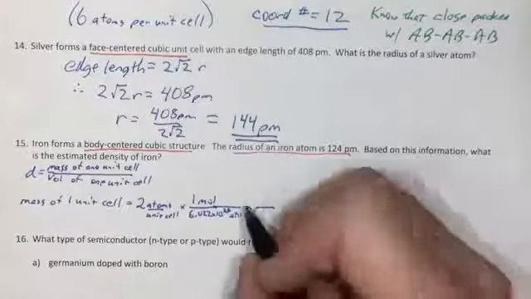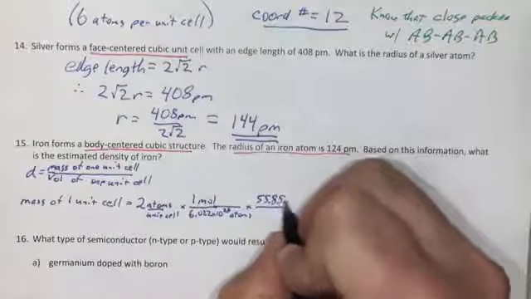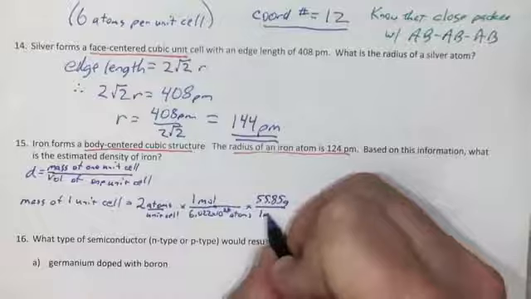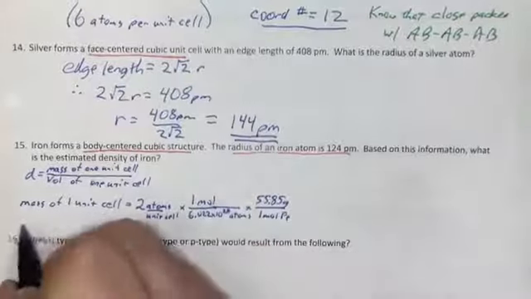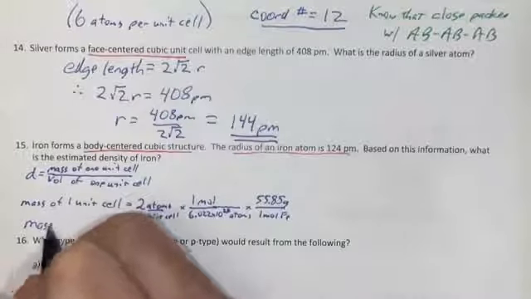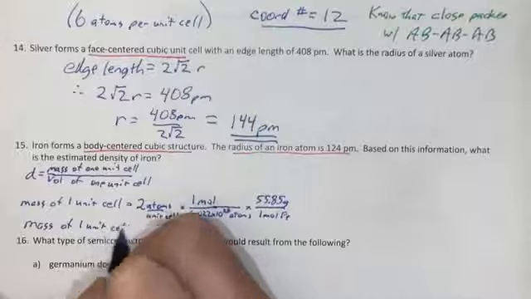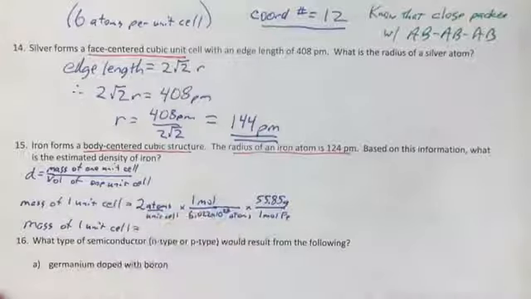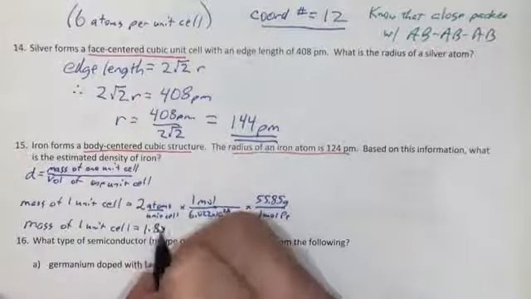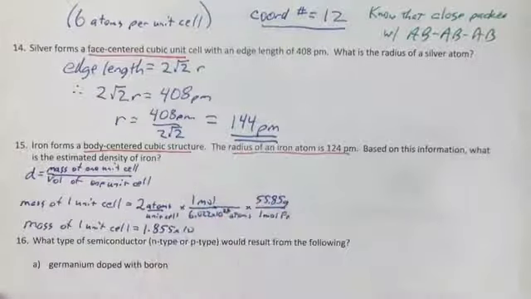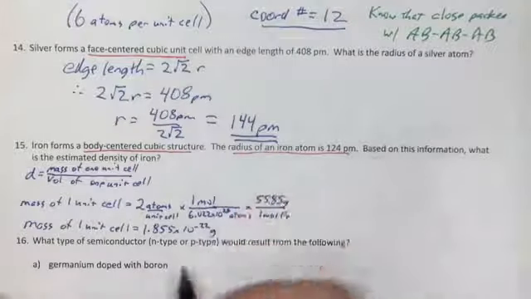The molar mass of iron is 55.85 grams of iron per 1 mole of iron. And so the mass of 1 unit cell, whenever we multiply that out, it will be 1.855 times 10 to the negative 22 grams.